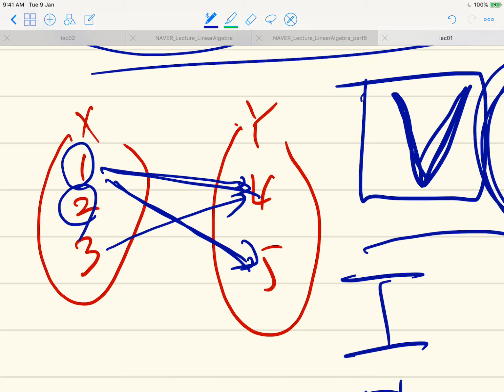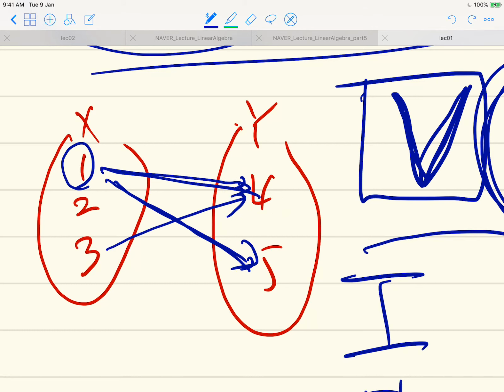And for this second one, it has no mapped output, so that also violates the function. At each input, we have to have a unique output, but that unique output can overlap with no problem, right?